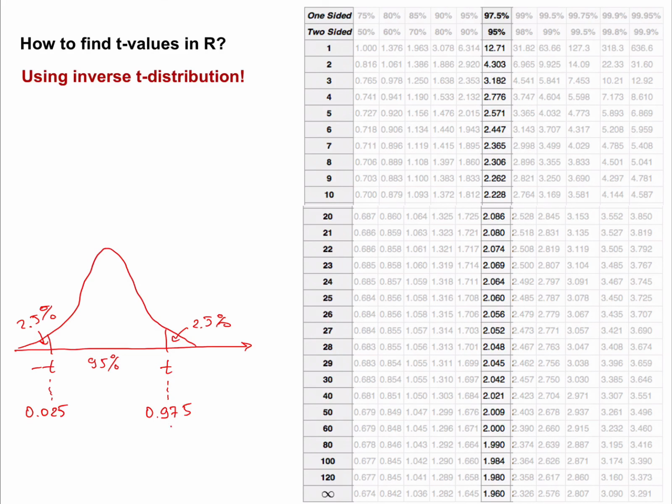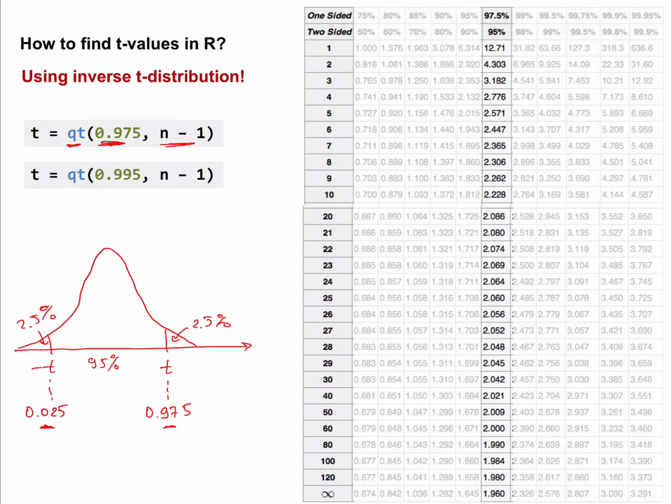You can use either of these with the ICDF function. That will actually give us the proper t-value. But if you use this one, it will be negative. If you use this one, it will be positive. So that's what I'm using here. You can see that I got the t-value using the ICDF function. It's a qt function in R. This is my probability, and these are the degrees of freedom.